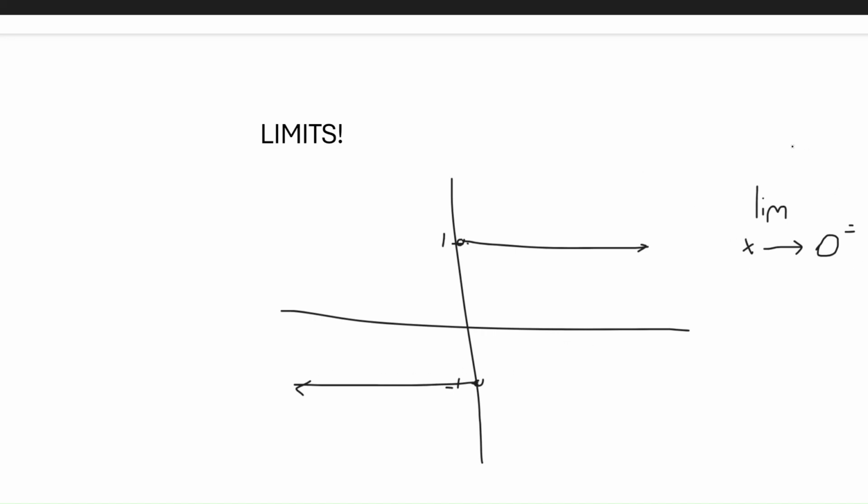So what will we write then if they're different? Well, if the limit is a different value on both sides, it's going to be what's known as DNE, which is called does not exist. And you would write that every time the limit is not the same on both sides.